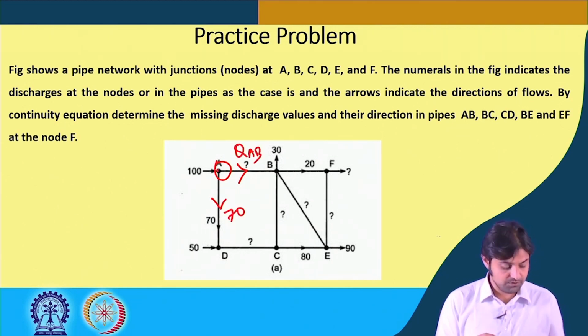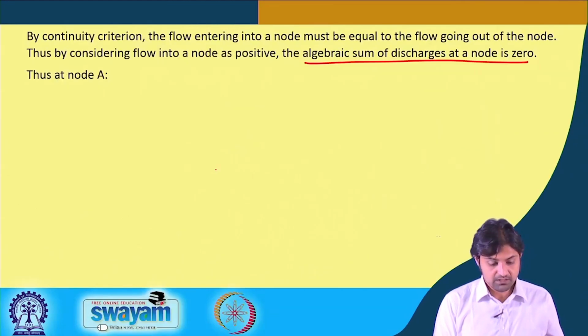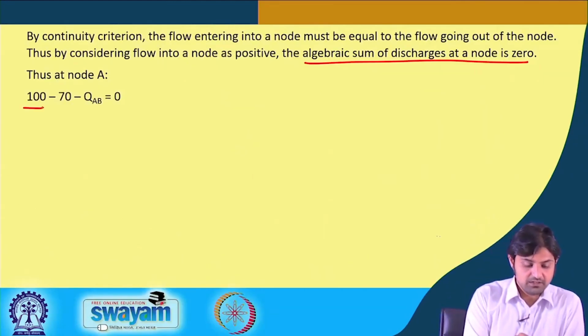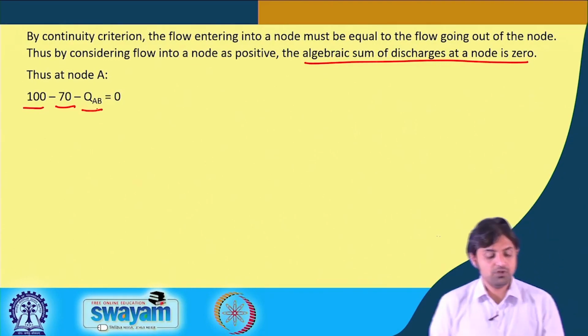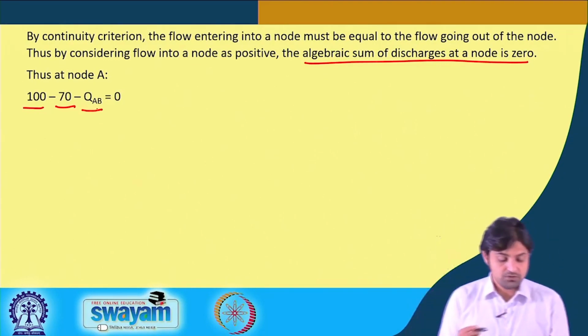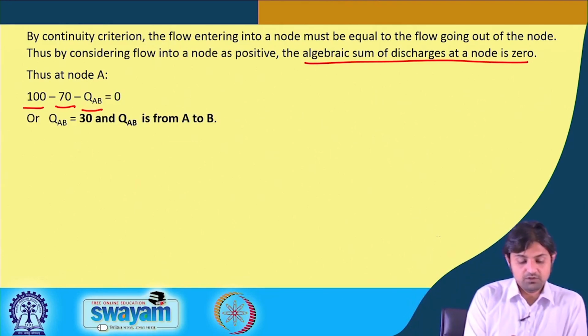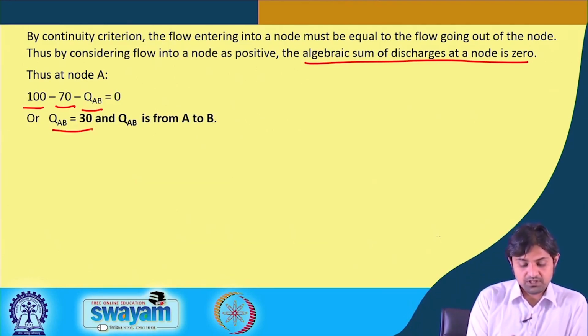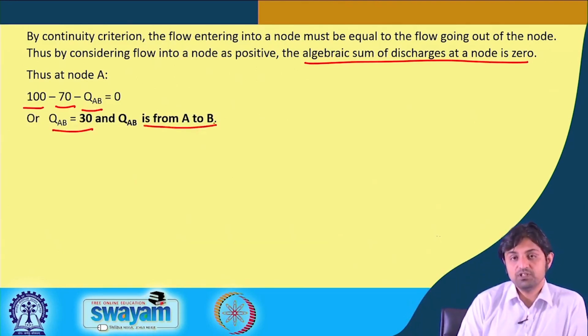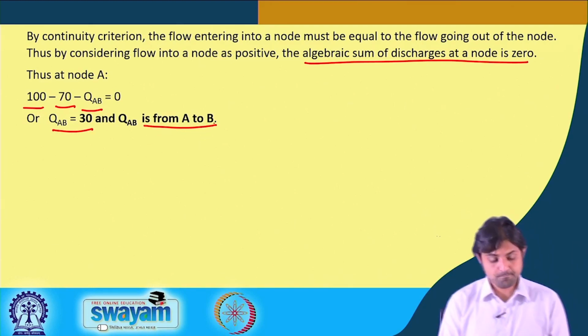So this will be 0. This is reflected by the equation here: 100 minus 70 minus QAB is equal to 0. So what we get simply using this equation, QAB is 30 and is from A to B, okay, very simple.